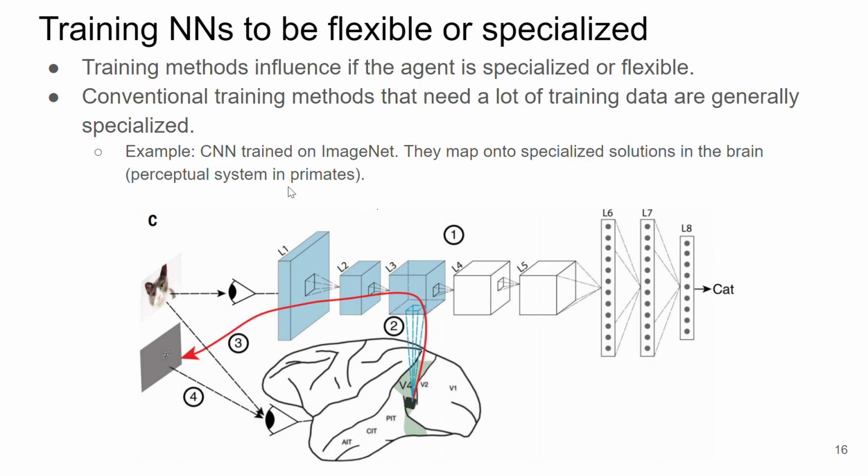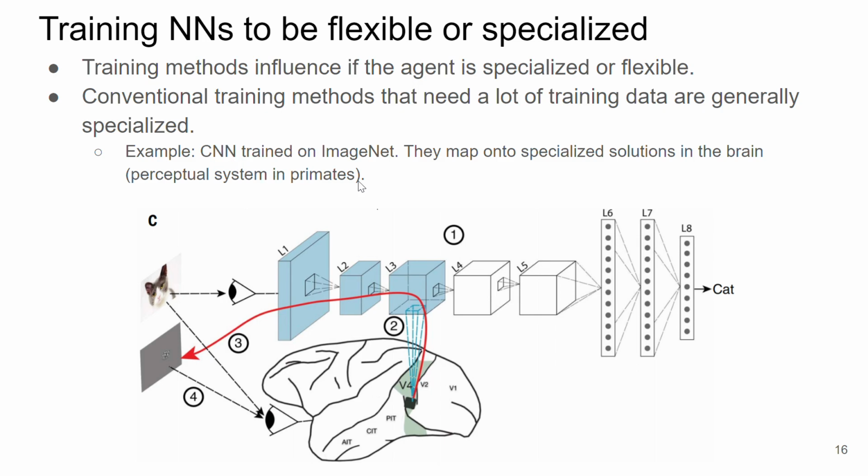And so now, in light of all of this information, how do we train neural networks to be flexible or specialized? They say that training methods influence if agents are specialized or flexible, and they argue that conventional training methods that need a lot of training data are generally specialized.